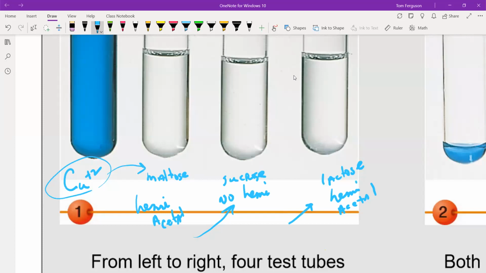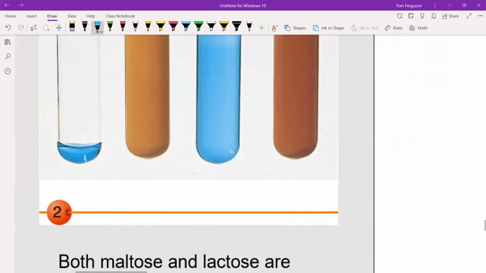So we should get orange, orange, blue. Blue means nothing happens. Orange, blue, orange. Okay, so this was oxidized, oxidized, no reaction.